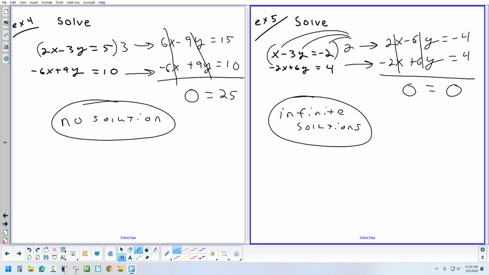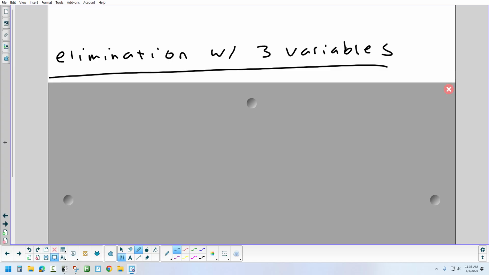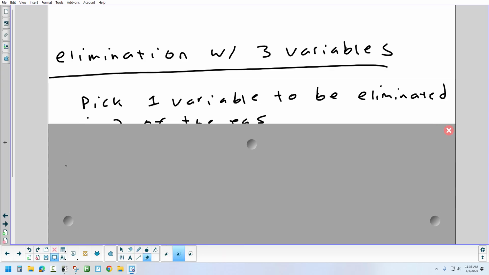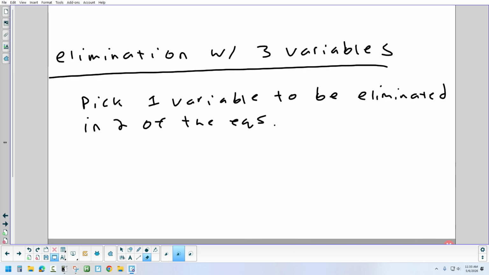All right. The last one we're going to look at is a three variable system. So I'll try to explain how we're going to do it, and then we'll do an example. Okay, so the first step is you're going to have three different equations to pick from.